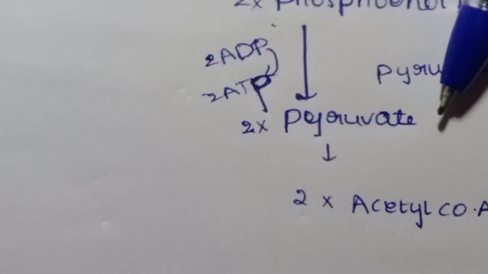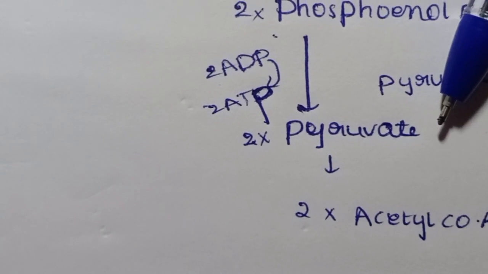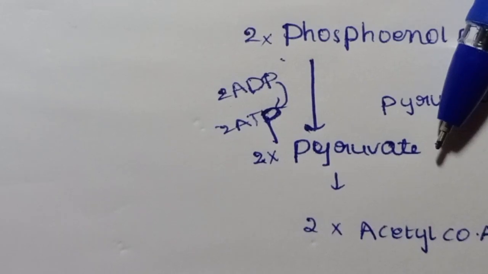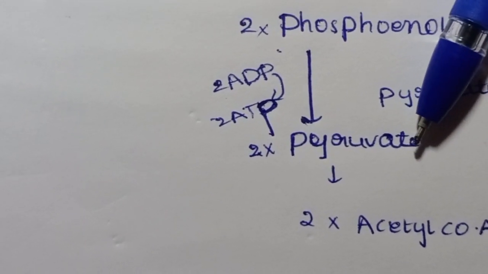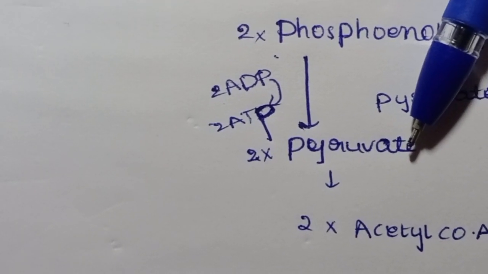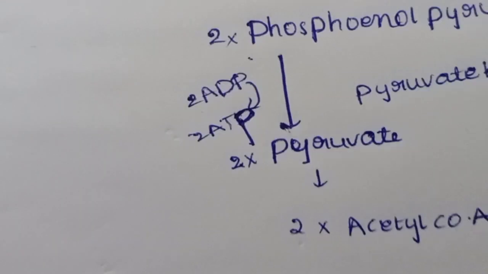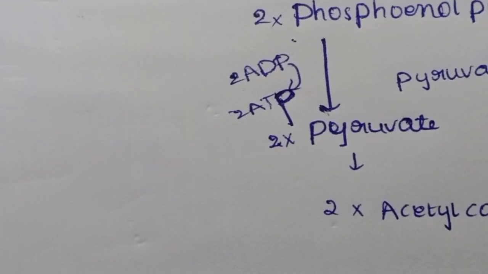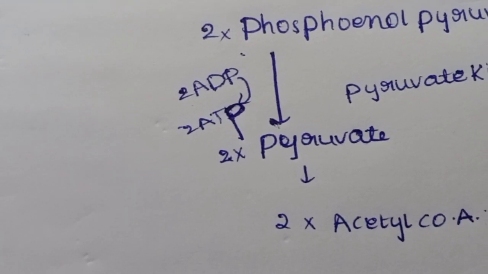So try to remember: glucose is the starting product of glycolysis, pyruvate or acetyl-CoA is the end product, and the continuation of glycolysis enters into the TCA cycle. That's why I first clearly explained the TCA cycle. If you are interested, make sure to see that video.